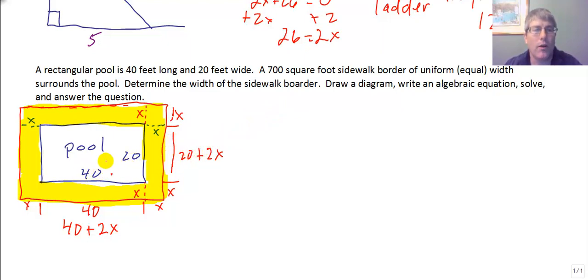So we know our pool is 40 by 20. The pool's area is 800. The area of the sidewalk, the yellow all the way around, is 700 more. So my entire length and my entire width equals my total area, the 800 plus the 700. So my length times my width equals the entire area.